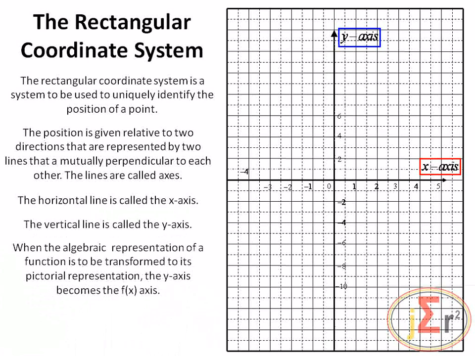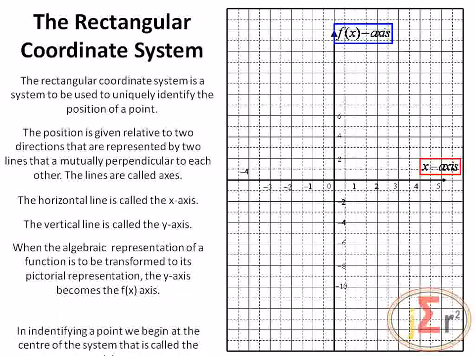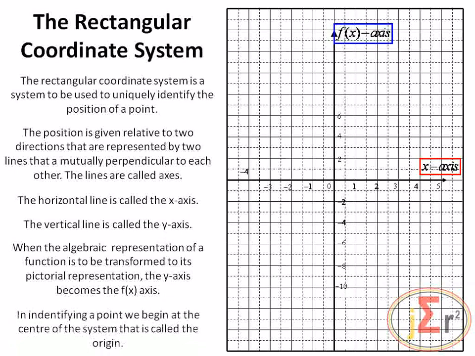When the algebraic representation of a function is to be transformed to its pictorial representation, the y-axis becomes the f of x axis. So we may remove that y-axis and we replace it with the f of x axis. In identifying a point, we begin at the center of the system, and the center of the system is called the origin, right there.